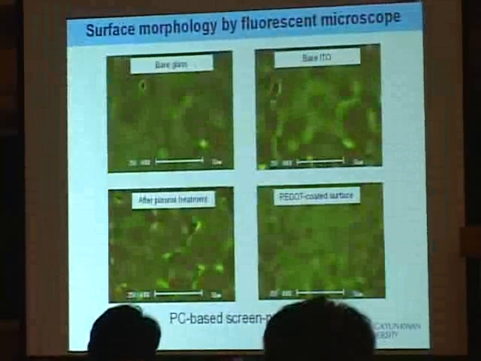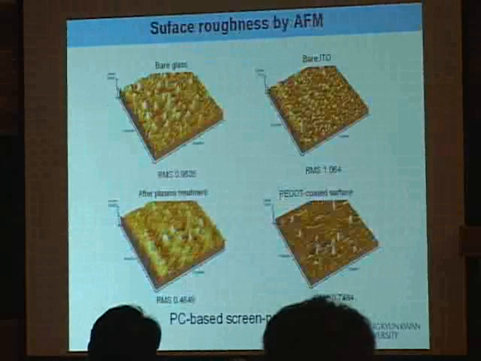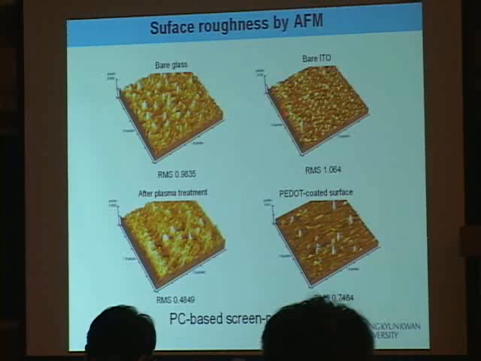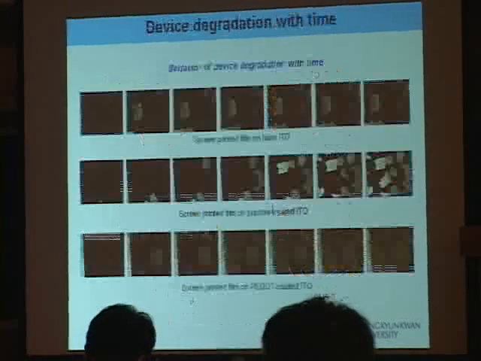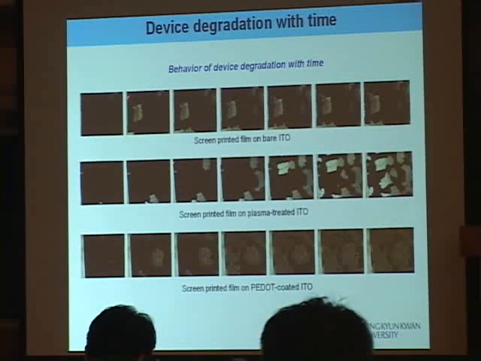If you use polycarbonate, it's almost the same behavior. The surface roughness in every case is under 1 nanometer. This is the photograph showing device degradation with time.